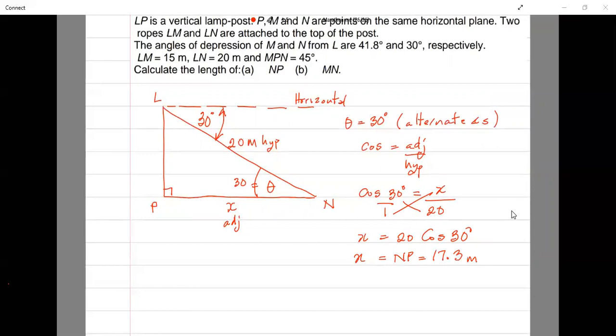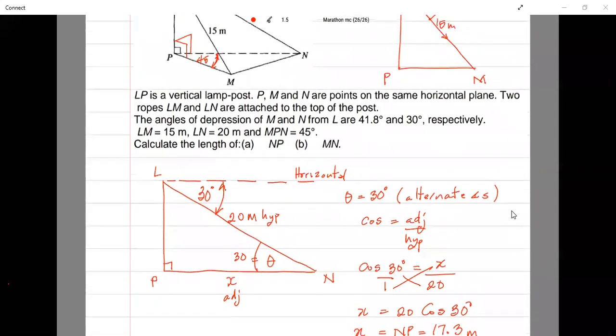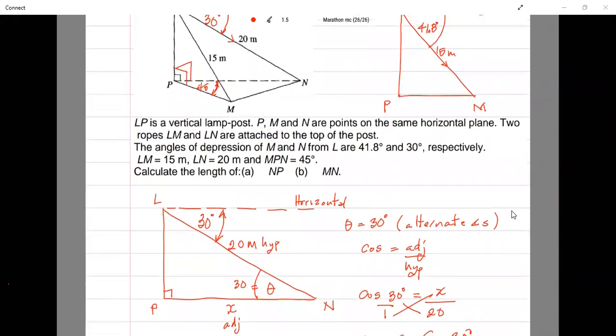So NP is 17.3 meters. Next, we're asked to calculate MN. That's here.